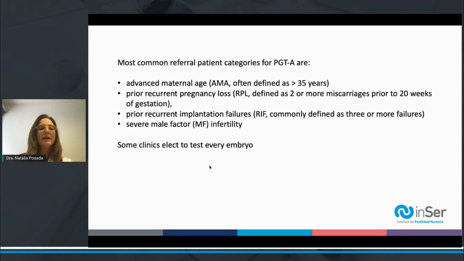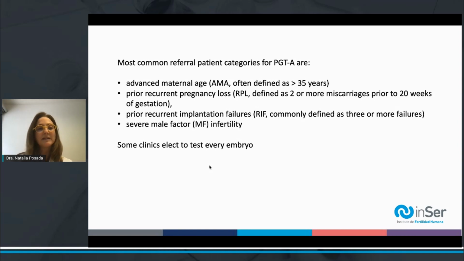The most common referral patient categories for PGT-A are advanced maternal age, that is women over the age of 35, prior recurrent pregnancy loss, prior recurrent implantation failure after in vitro fertilization, and cases where there's a severe male factor in the couple.